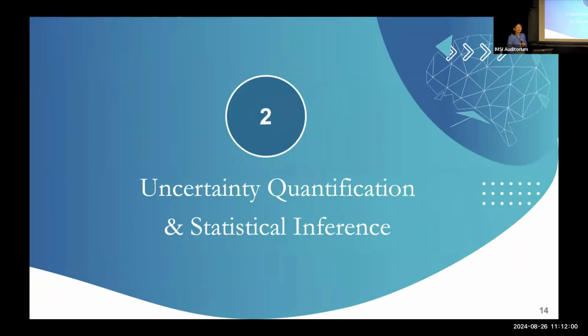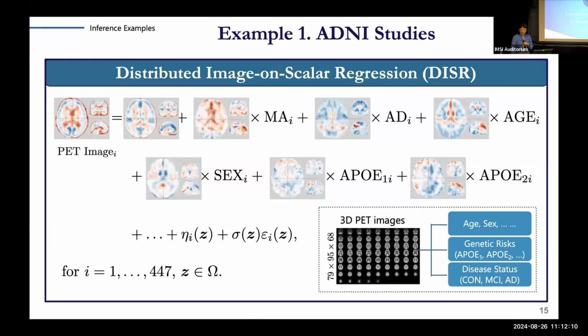In the second part, I'm going to talk about uncertainty quantification and statistical inference. I'm going to use two very quick examples to demonstrate some ideas. The first one is still the distributed image-on-scalar regression. We consider the 3D PET image scans and a set of interpretable variables.